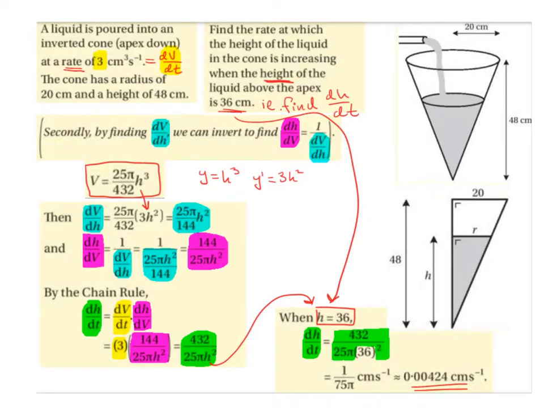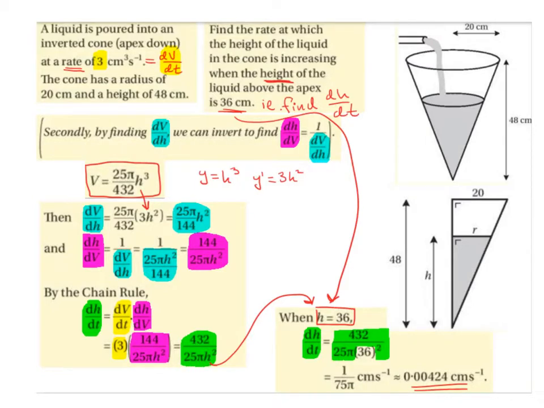So dV/dt is 3, so we put brackets around it, and dh/dV is 144 over 25 pi h squared, which is what we worked out up here. And multiplying, we get 432 over 25 pi h squared. So dh/dt, which is what we're really looking for, which is the rate at which the height of the liquid in the cone is increasing, is equal to 432 over 25 pi h squared.